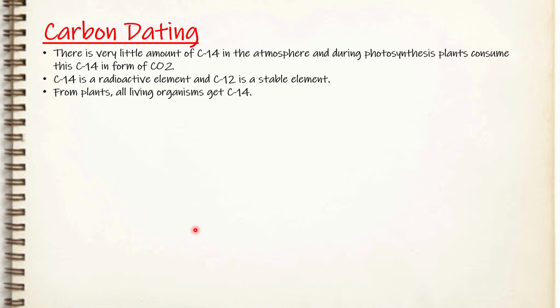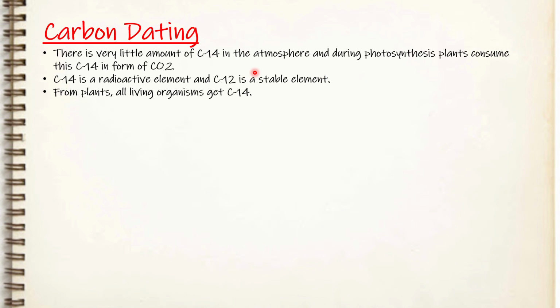Now we come to carbon dating. What is carbon dating? It is a method to find the age of a biological specimen. It works by comparing the two isotopes carbon-12 and carbon-14. Carbon-14 is a radioactive element, whereas carbon-12 is a stable element.